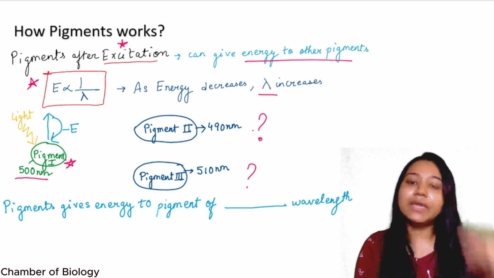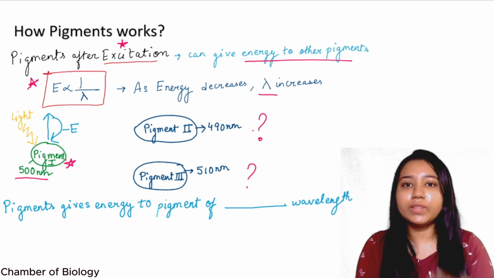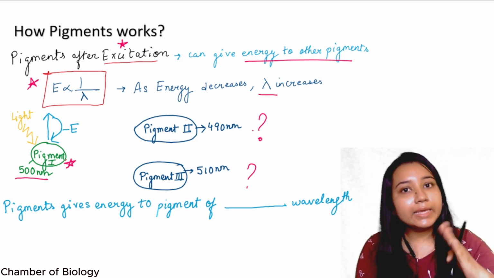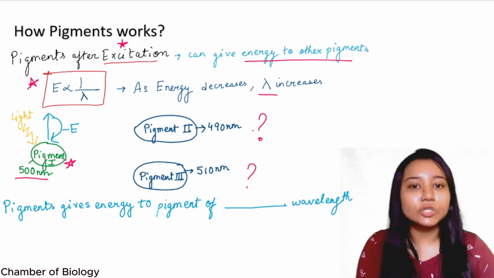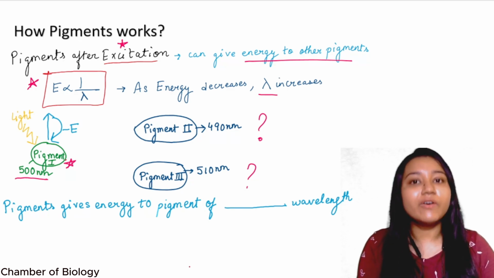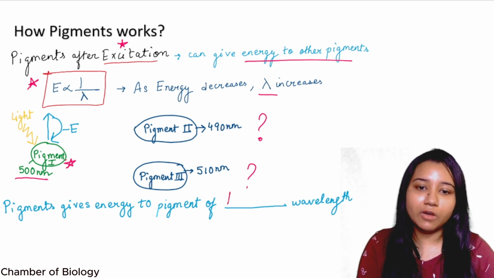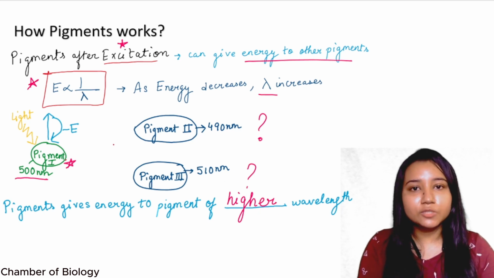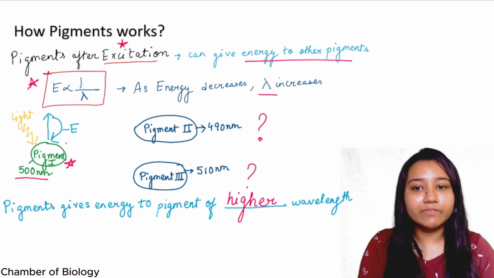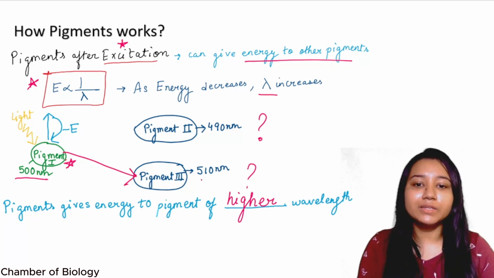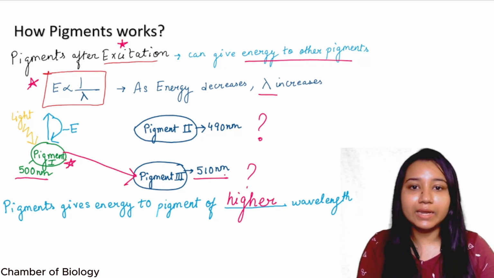That means if the energy decreases, because when the pigment is excited the energy will decrease, then it is going to transfer the energy to the pigment of higher wavelength. So pigment 1 is going to give the energy to pigment 3 of 510 nanometers.